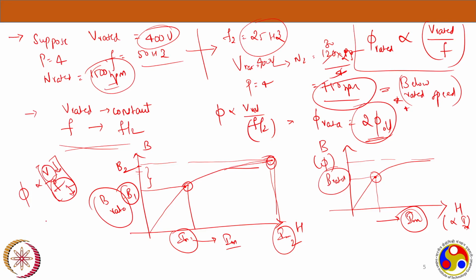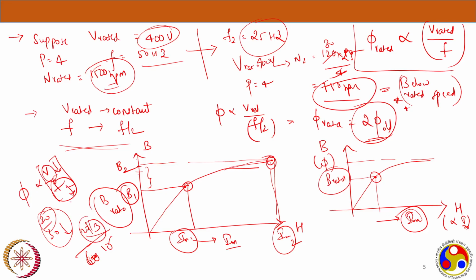Previously, let's say it is 20 by 30. Now if I reduce the frequency by 3 times, I have to make the ratio 20 by 30 again, so I will also reduce my voltage by 3 times, 20 by 3. Again the ratio is 2 by 3.